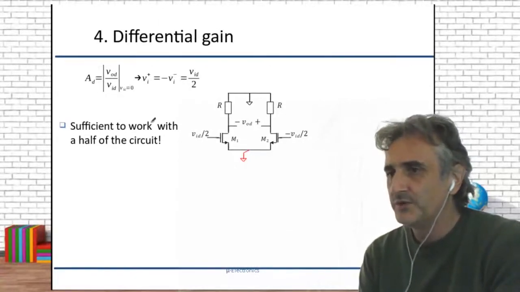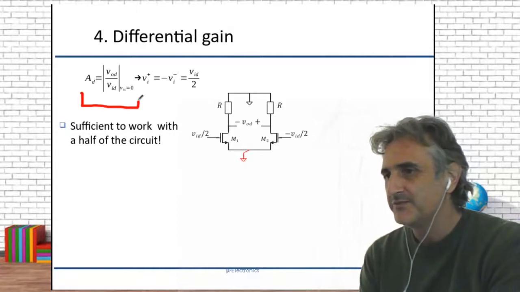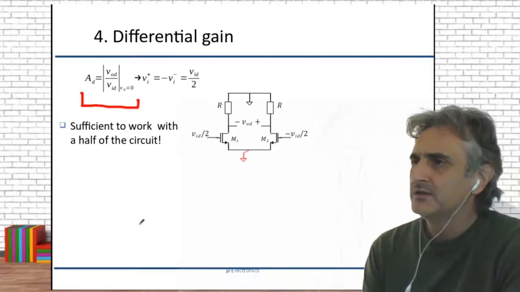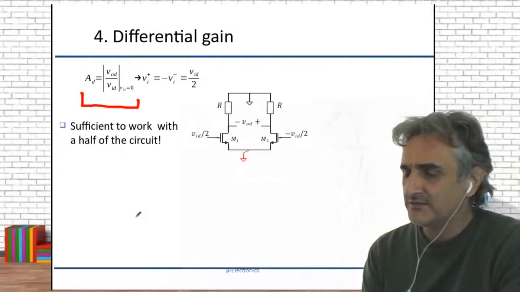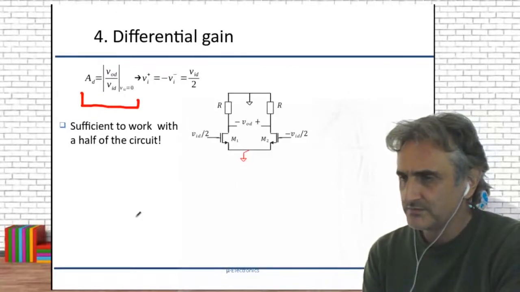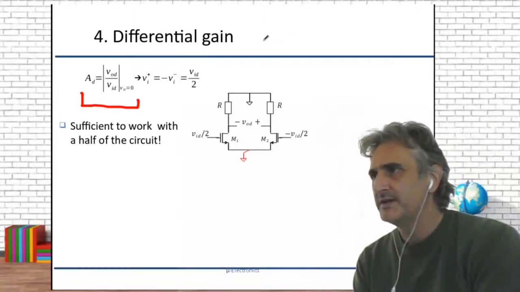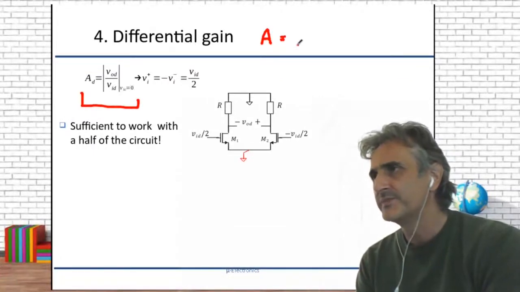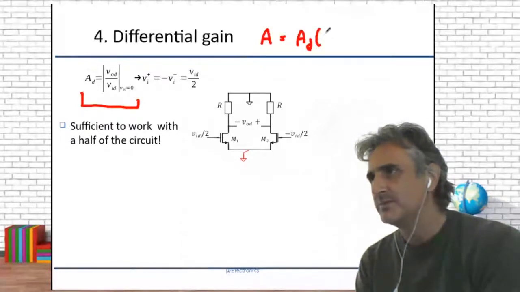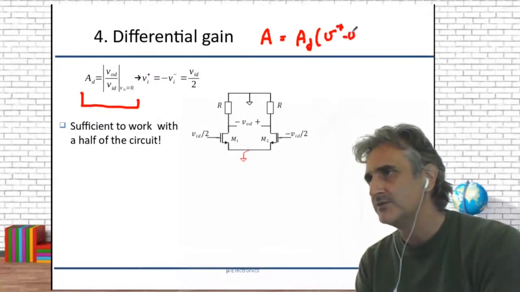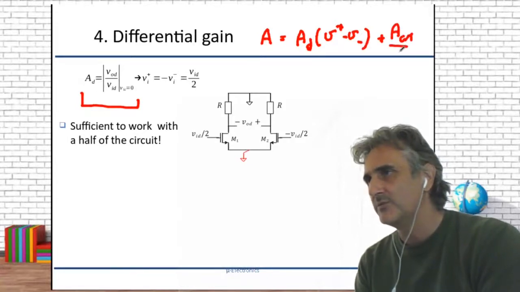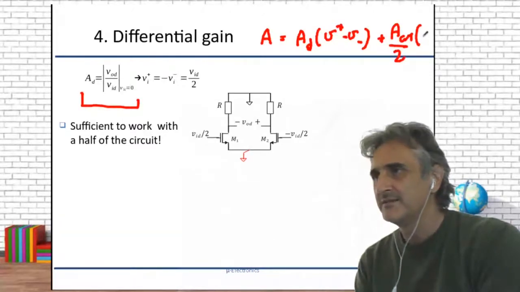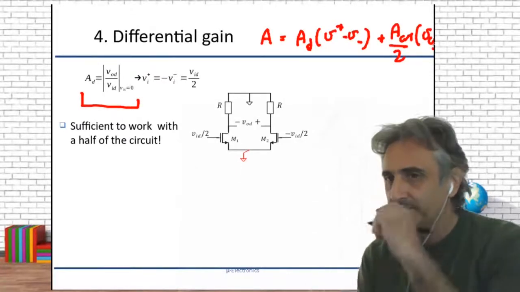Okay, so first of all, we want to calculate the differential gain. Do you remember? You have studied operational amplifiers, don't you? I don't remember in which courses, but they told you that the gain was the differential gain multiplied by V plus minus V minus, plus the gain in common mode multiplied by VCM.